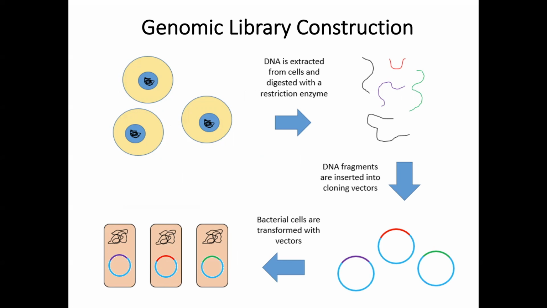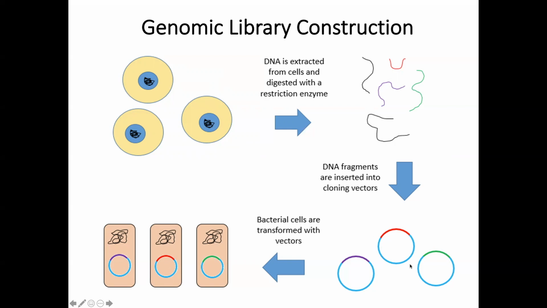Okay, so genomic DNA first is extracted from these cells and digested by restriction enzyme into these different pieces. Okay, the purpose of this step is to cut the genomic DNA into appropriate fragments so that they could be cloned into plasmid vectors. So they insert these fragments into the common vector. Everybody in this library uses the same vector.